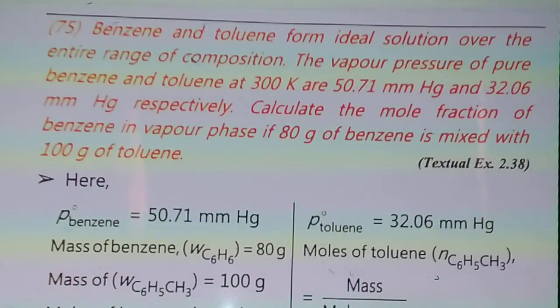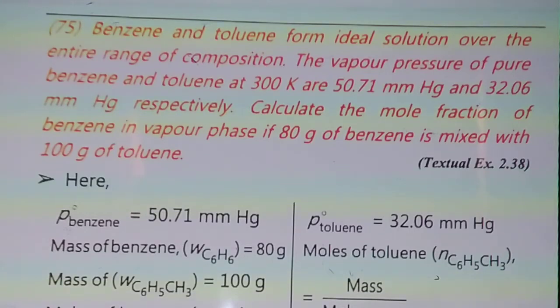Calculate the mole fraction of benzene in the vapor phase if 80 gram benzene is mixed with 100 gram of toluene. Once again, benzene and toluene make an ideal solution, over the entire range of composition.